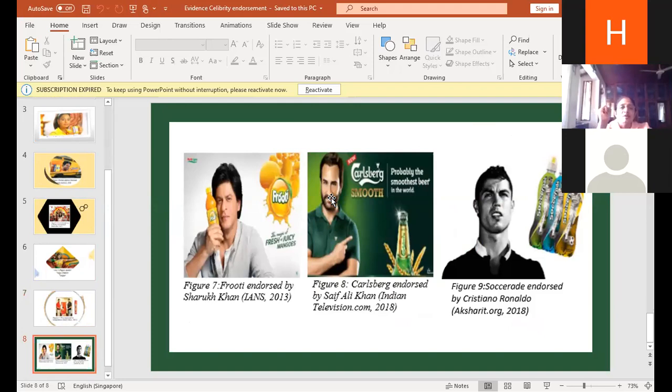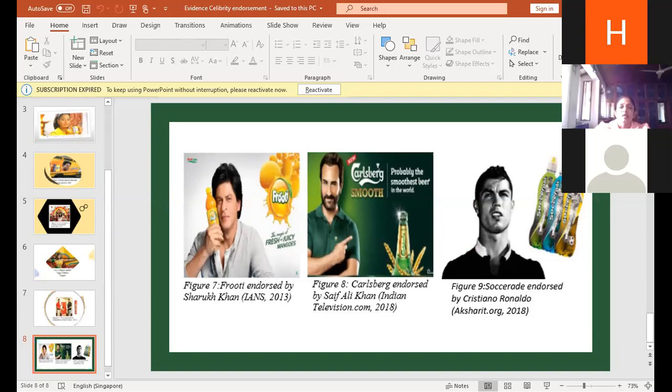Then the research looks into whether endorsing a celebrity can actually make any impact on the purchasing behavior with respect to young adults. I hope the research topic is clear to you. With respect to this, actually, you find, of course, defining the characteristics a celebrity should possess to be a good endorser.